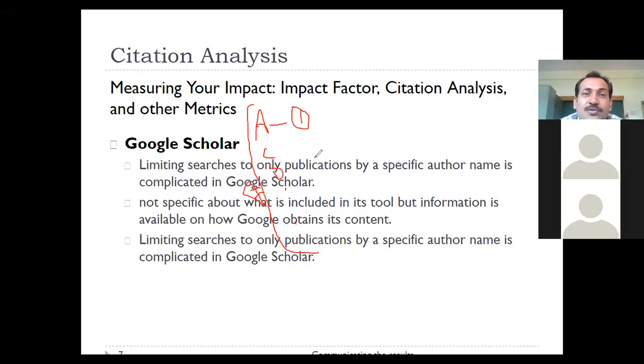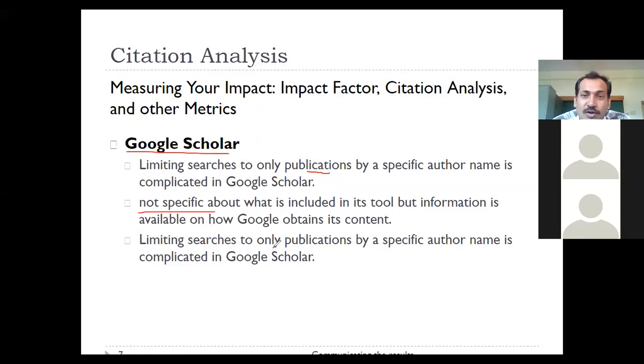From those journals only you will see the citations. If it is cited in other sources, for example, a newspaper, then it will not be counted in Web of Science or Scopus, right? If it is cited in a public magazine or newspaper, then it will not be counted in Web of Science, but it can be counted in Google Scholar. So therefore, it is not specific, right?